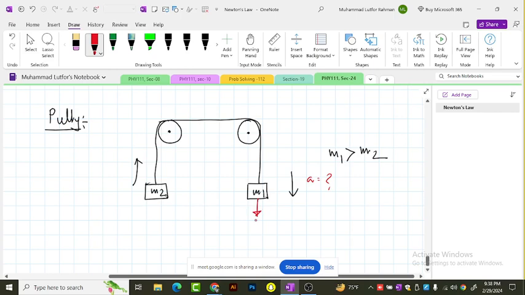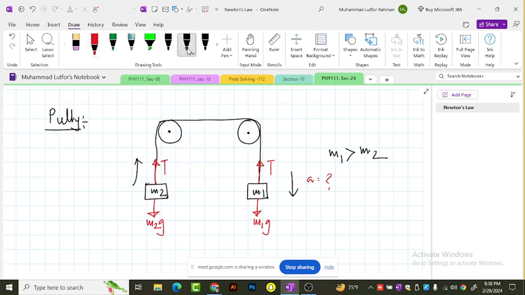One is M1g towards the downward, another force is the tension in the string, which is T, in the upward direction. What about M2? It also has two forces. One is M2g downward, and also T in the upward direction. Now look at this. I use the same symbol for this tension because it is the same string. That's why the tensions are the same.